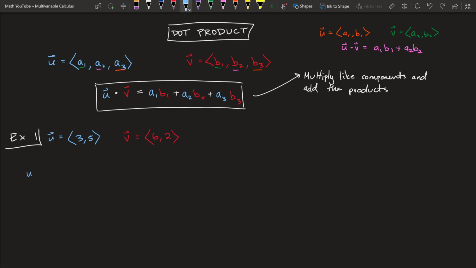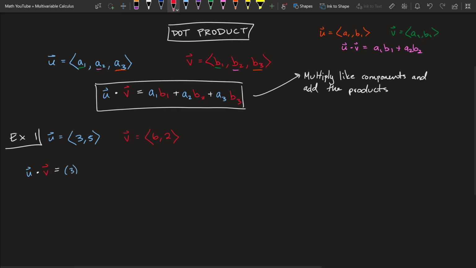So the dot product, U dotted with V, is going to be equal to the first components multiplied together.